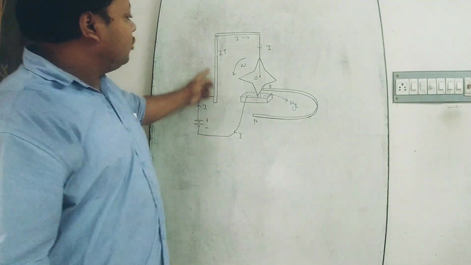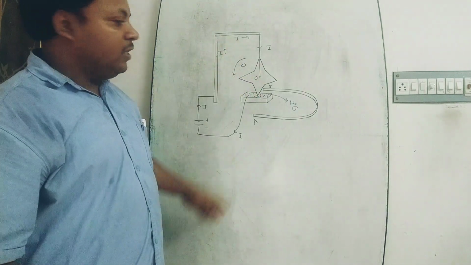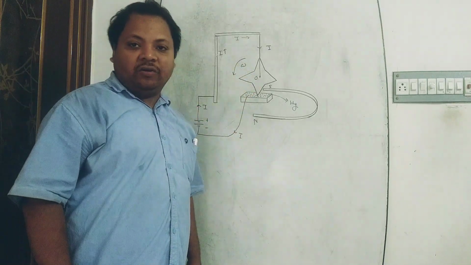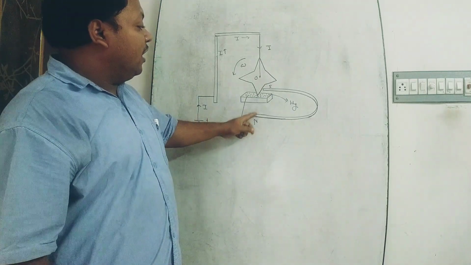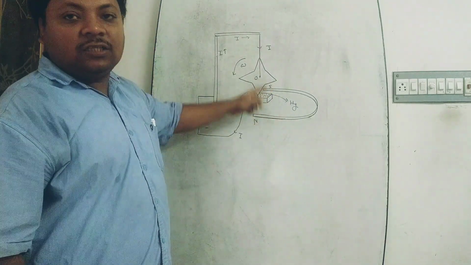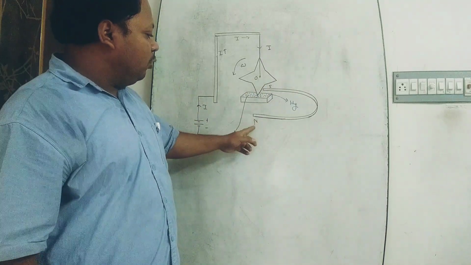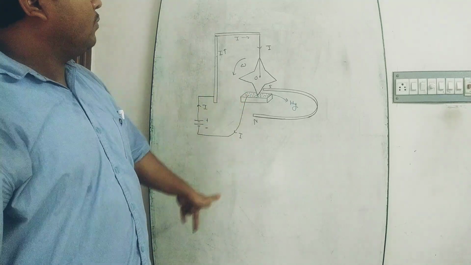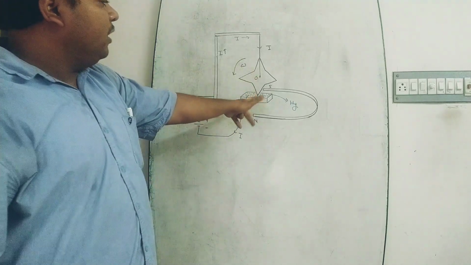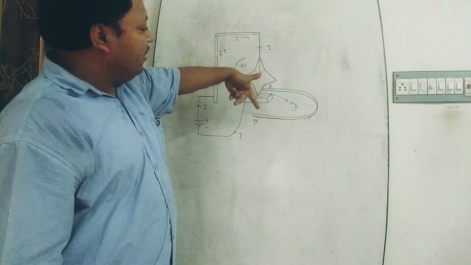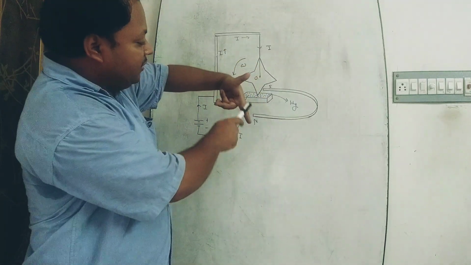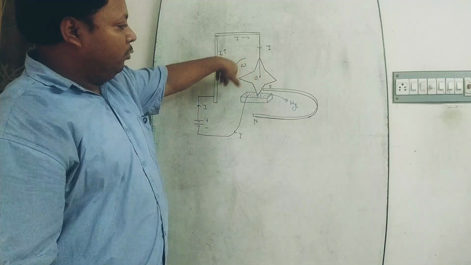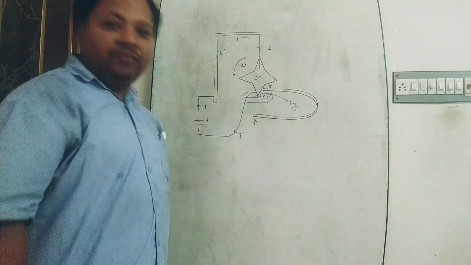When current passes through this wheel, the wheel rotates according to Fleming's left hand rule. Here the horseshoe magnet creates the magnetic field. This is the north pole and this is the south pole. The rotation of the wheel is in this way. Here this is the direction of the current, and therefore the wheel rotates in the anti-clockwise direction.